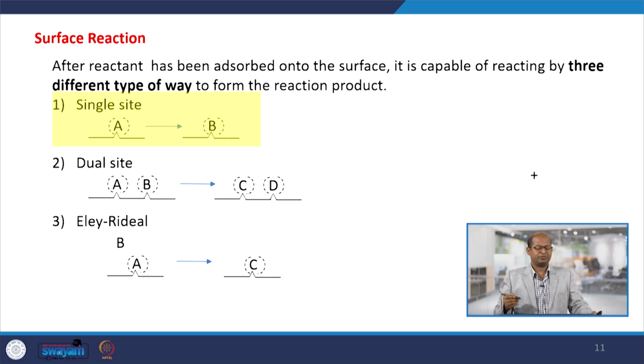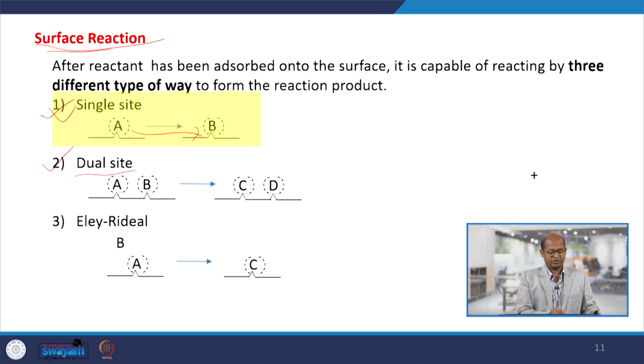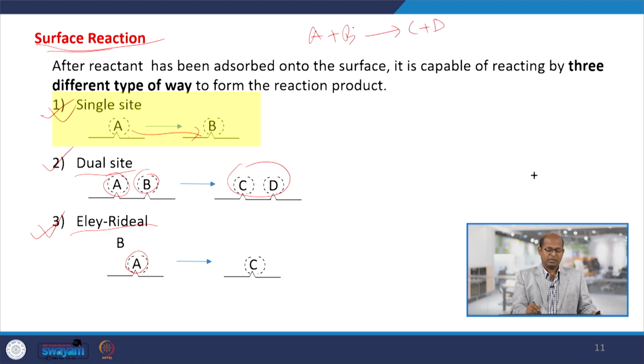So, the surface reactions may be of different types. It may be a single-site reaction, where reactant A is converted into products, or a dual-site reaction, where reactant A and reactant B get adsorbed and occupy two different sites of the catalyst and are then converted into C and D, or an Eley-Rideal type of mechanism might be possible. Reactant A is adsorbed over the surface sites, but B remains in the gas phase.